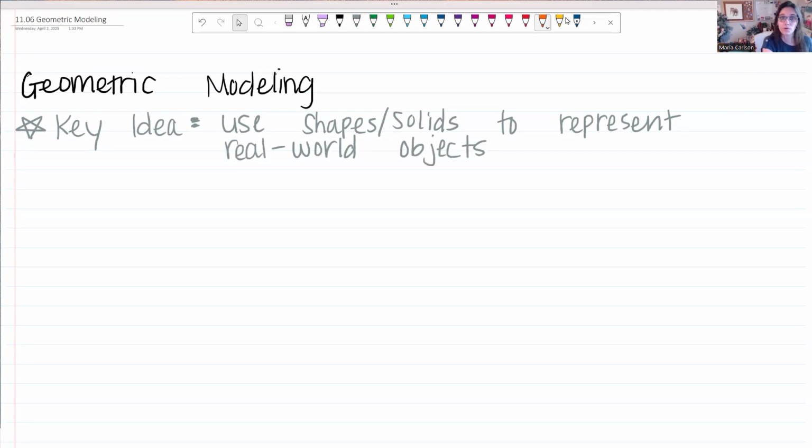And then with these shapes or solids, we can approximate their measures. So I'm going to say: use shapes, solids to represent real world objects and approximate their measures.